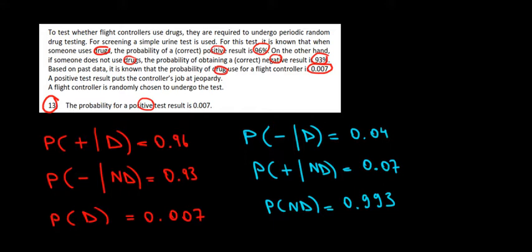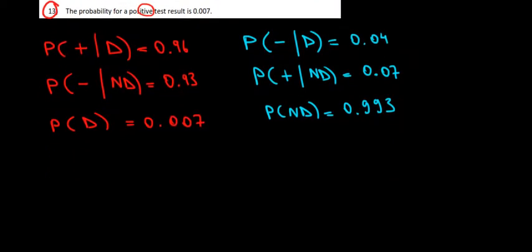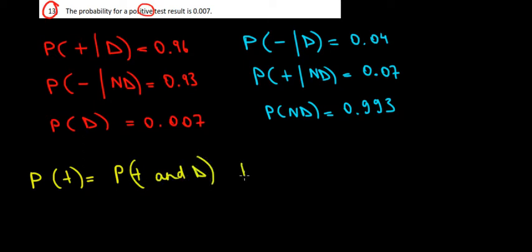Now with this in mind, let's understand what's going to be the probability of a positive result. The probability of a positive result, we have to take into account all the options. The probability of having a positive result is equal to the probability of having a positive result and using drugs plus the probability of having a positive result and not using drugs, because we have two options.